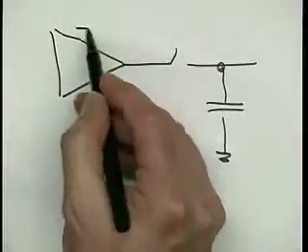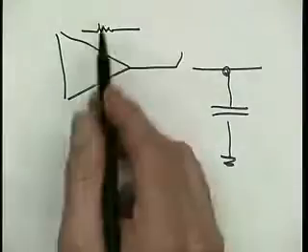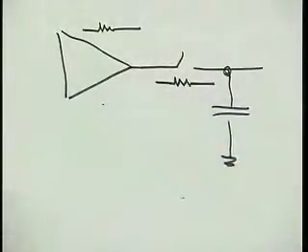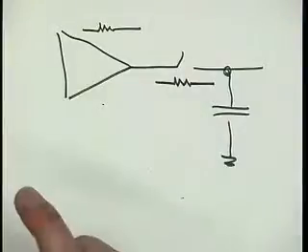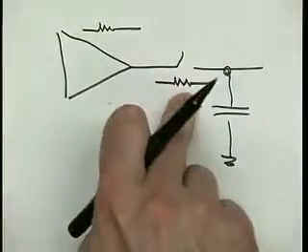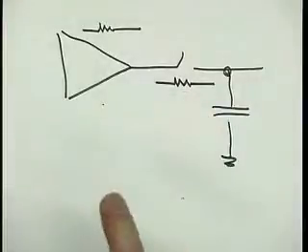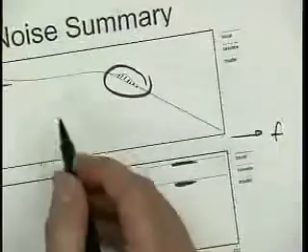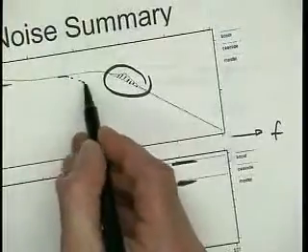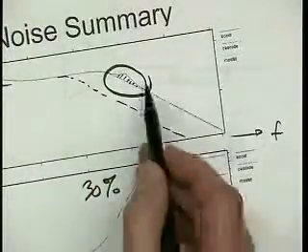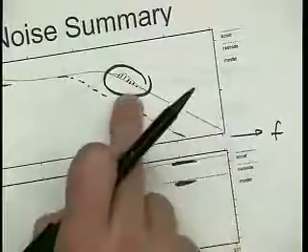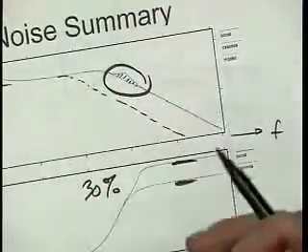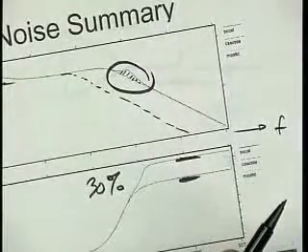Well, then we have the output impedance of this guy and the noise from this guy, and then in series with the on resistance of the switch, depending on how that resistor is scaled and so on, the thing actually may start rolling off earlier, and then we might attenuate this noise hump with our switch on resistance.